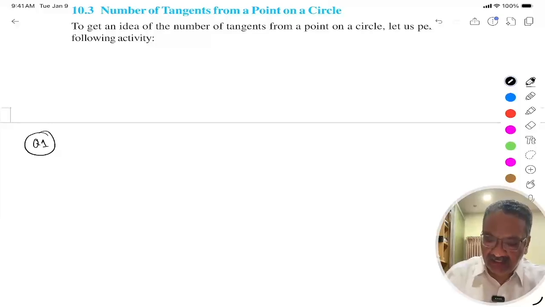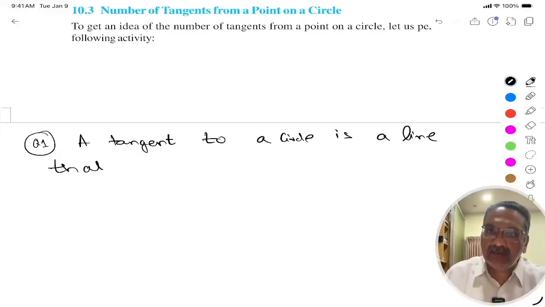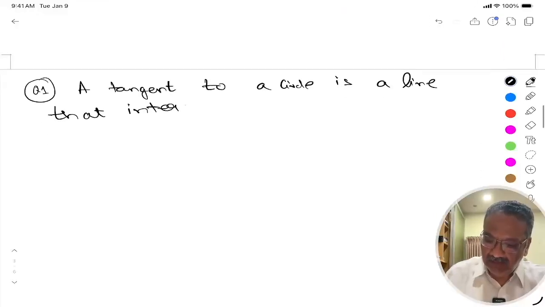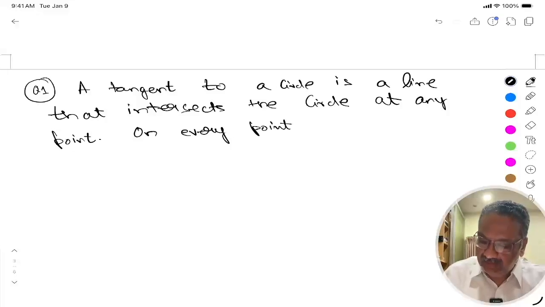First you have to write what a tangent is. A tangent to a circle is a line that intersects the circle at any point. So on every point of the circle, one tangent can be drawn.